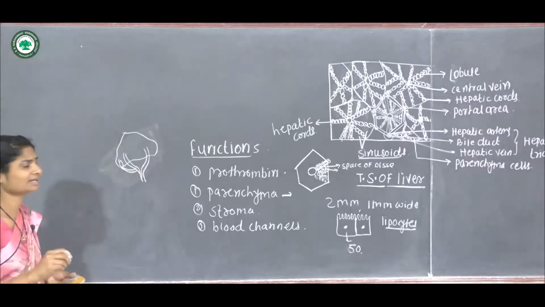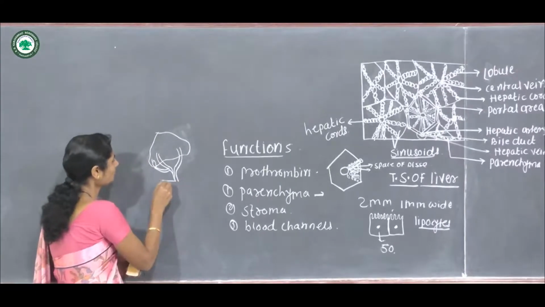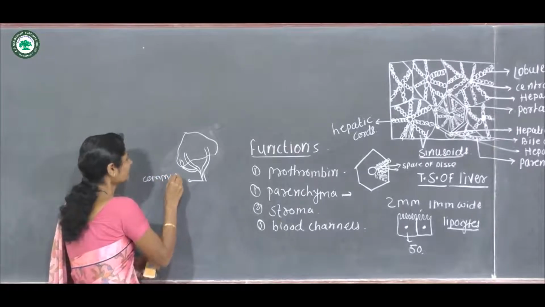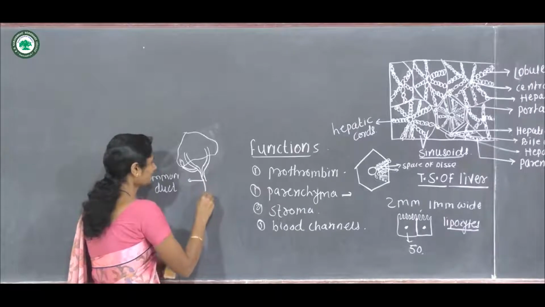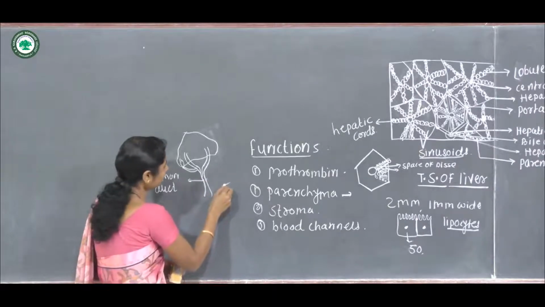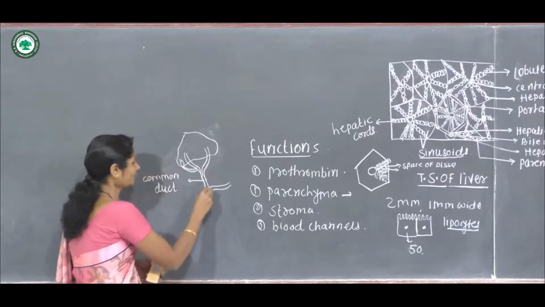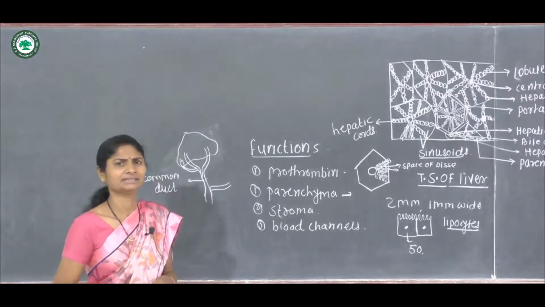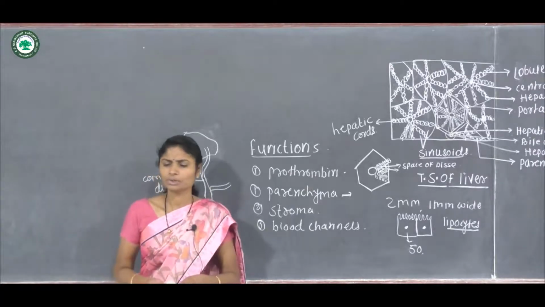This cystic duct joins the hepatic duct and forms the common bile duct. This common bile duct opens into the duodenum, and before opening into the duodenum, the pancreatic duct joins and forms the common hepatopancreatic duct, which opens into the duodenum.